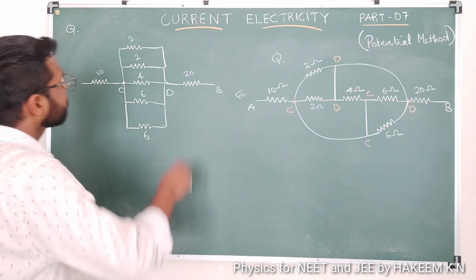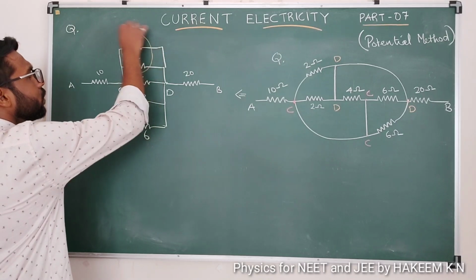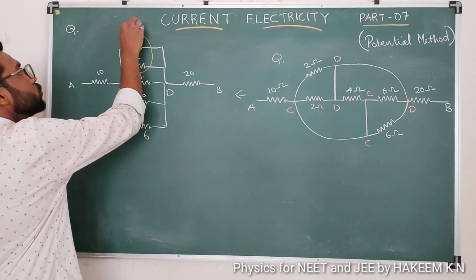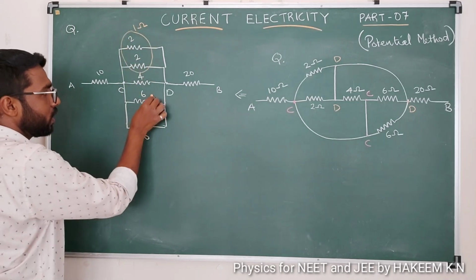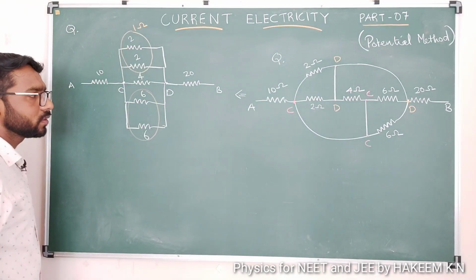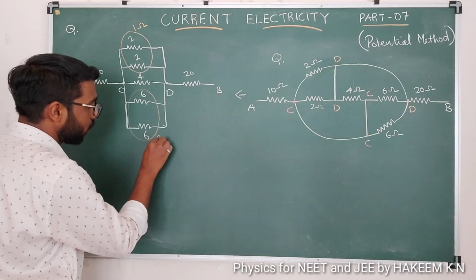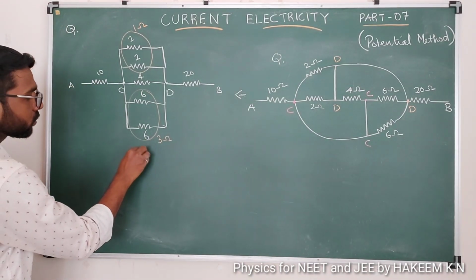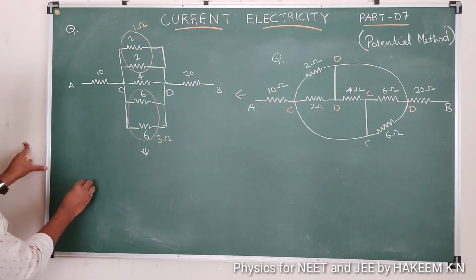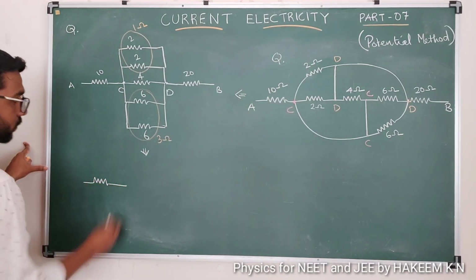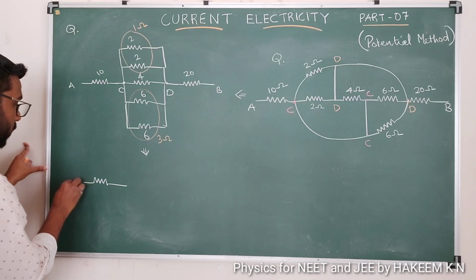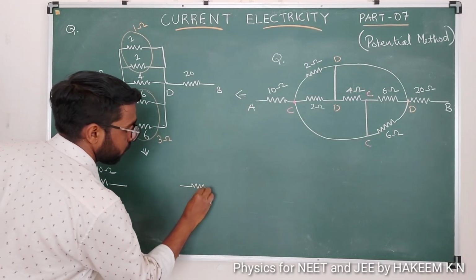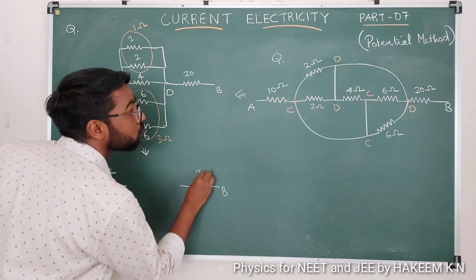Now you can take 2 parallel. What will you get? 2 parallel, 2 by 2, 1 ohm. And here 6 parallel, you will get 6 by 2, 3 ohm. So you can again redraw the network. 10 ohm, B 20 ohm.